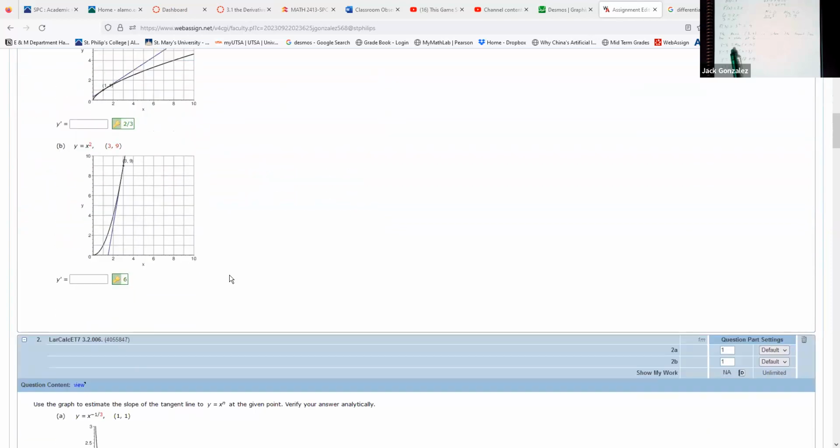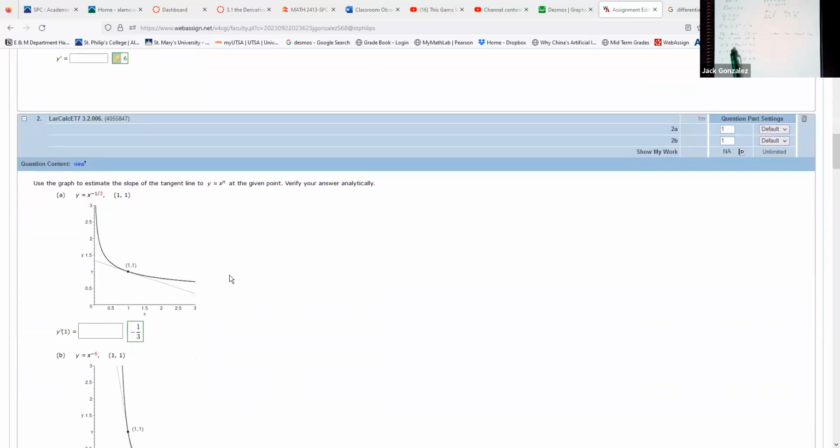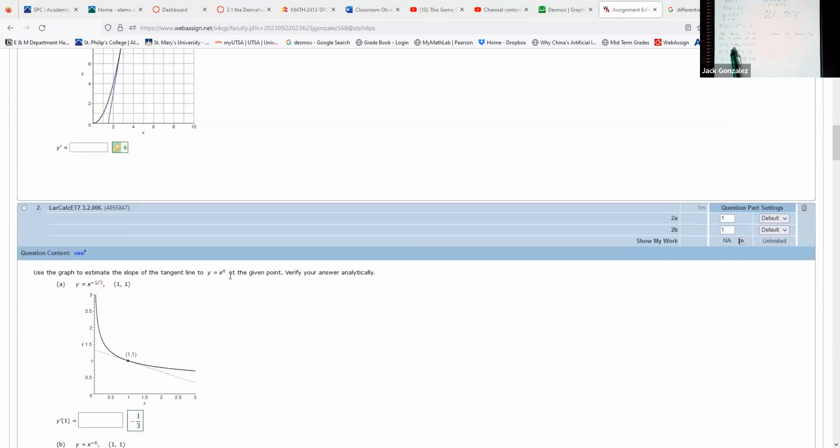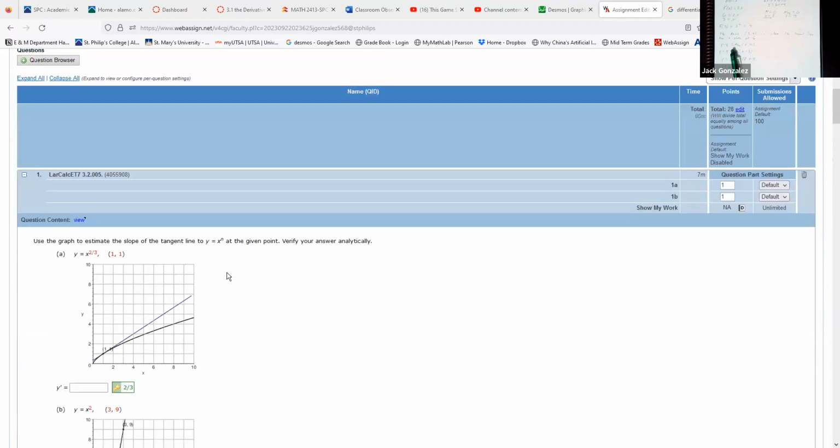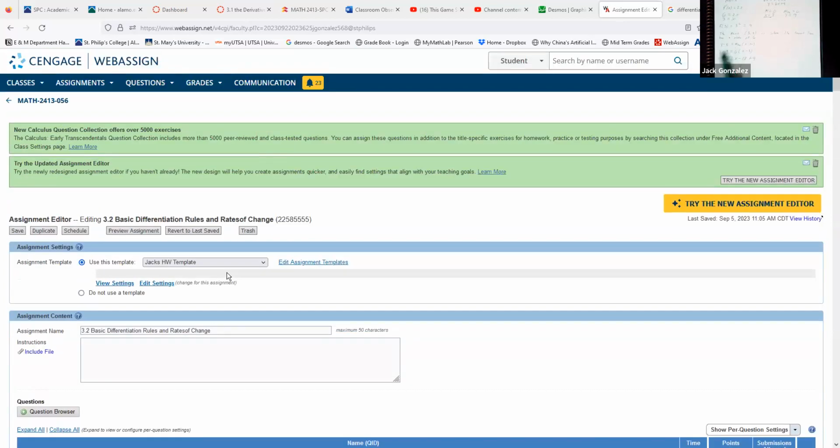Okay. So here's when we start doing the easy rule, the power rule. And they have you find the slope. 3.2 is basic differentiation rules and rates of change. This shouldn't take too long, but we technically still have 20 minutes.